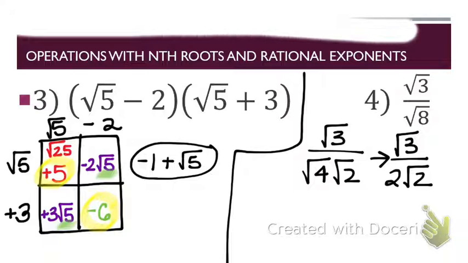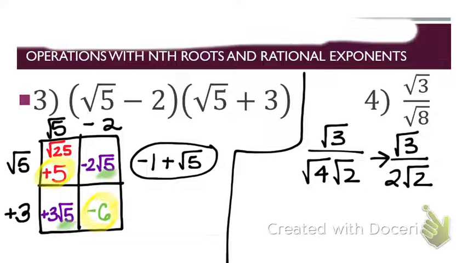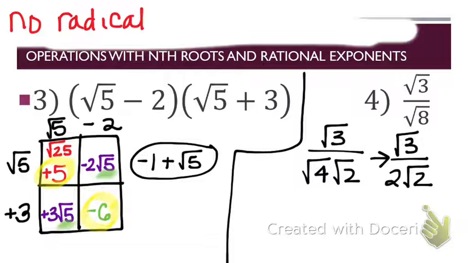So going back to, I think it was Appendix 7, where we talked about complex numbers. Remember I said that you can't have an i in your denominator? Same thing with a radical. So no radicals can be left in your denominator.